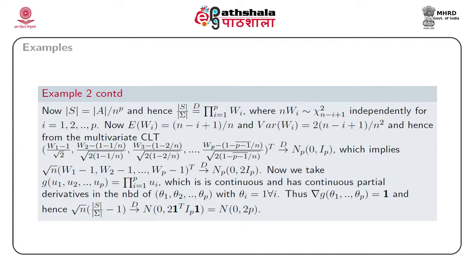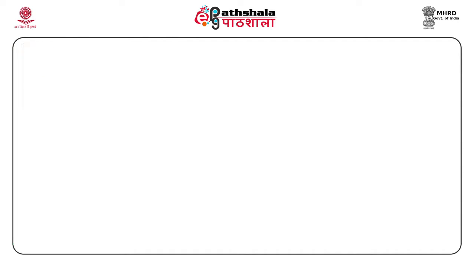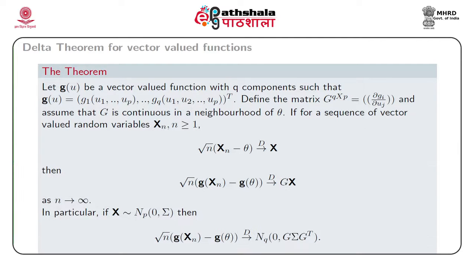Now we pass on to our next topic, which is on the delta theorem for vector valued functions. Let g(u) be a vector valued function with q components, such that g(u) is a vector with component functions g1, g2, up to gq.